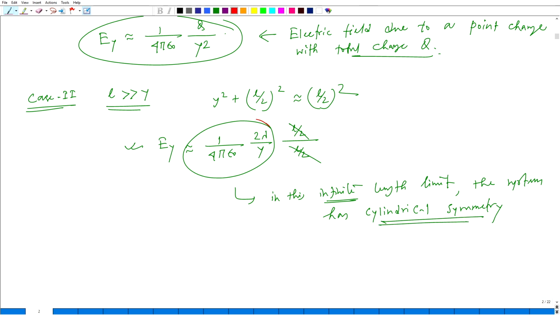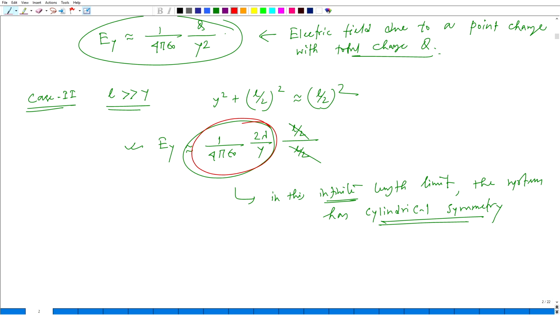So, this is the expression of the electric field on the perpendicular axis of a cylinder. We will calculate these details in the next class for a cylindrical object, how to calculate the electric field using Gauss theorem. It is easy and straightforward to calculate.